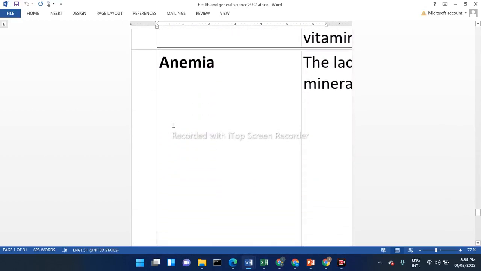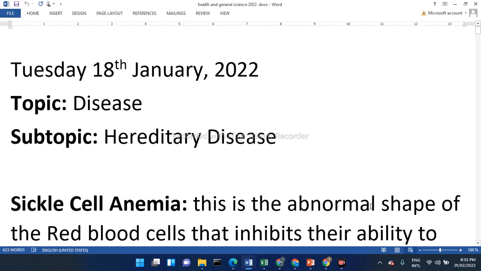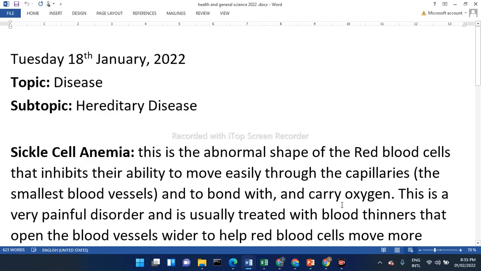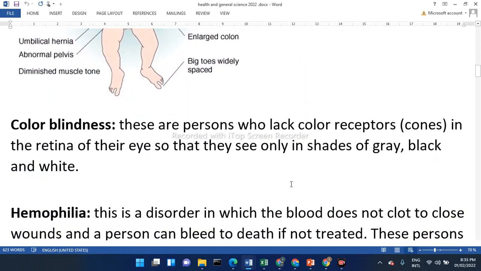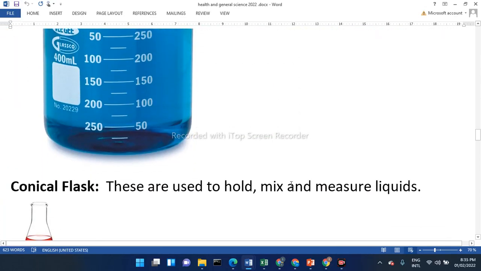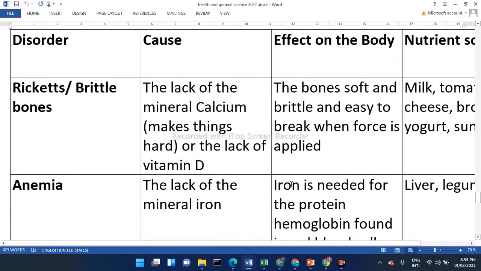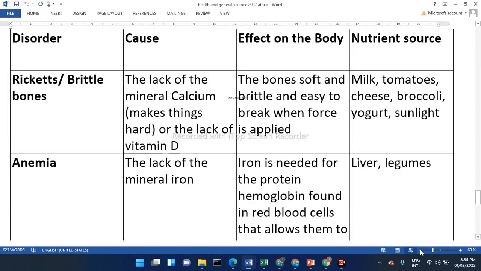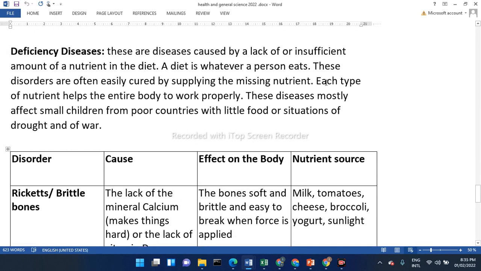So you're saying that with hereditary you have no choice in the sense that you were born with it, right? So it's really not your fault. True. What I was really looking for in the answer is that at least with a deficiency disease you could do something about it.